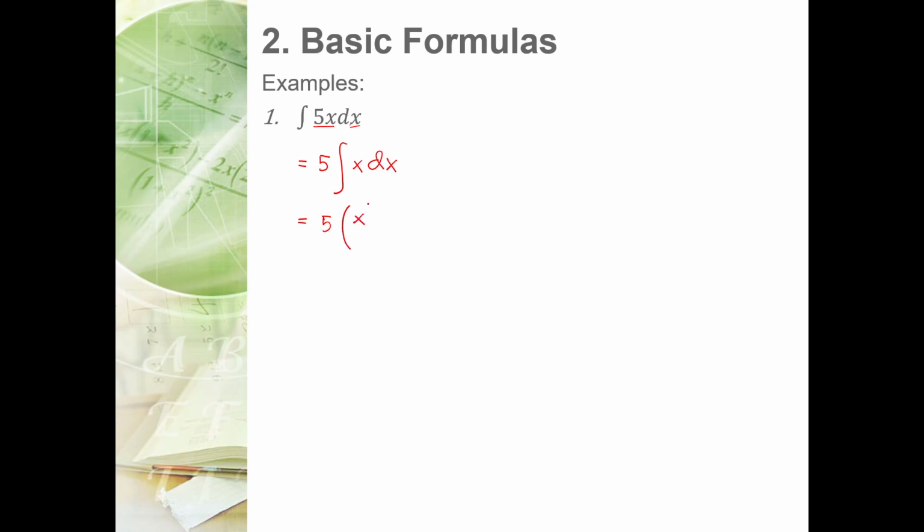That will be x to the power of 1, plus 1, all over 1 plus 1. I'll try to be very basic for now and show it all, plus c. So the resulting equation is 5 times x squared all over 2 plus c.